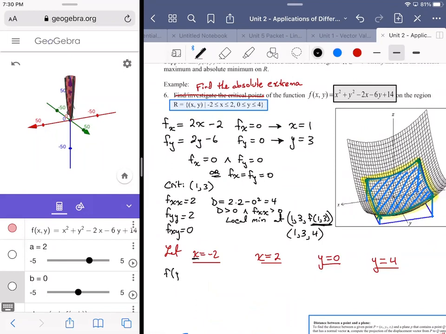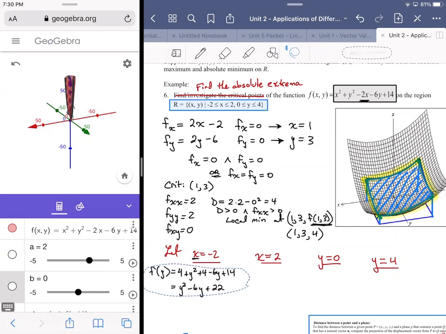It'll now be a function of y. -2 squared is 4 plus y squared. -2 times -2 is +4 minus 6y plus 14. Clean it up. y squared minus 6y plus 22. All right, so it's a function of y.